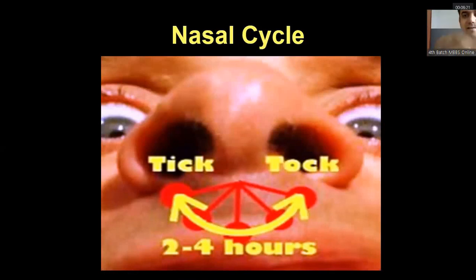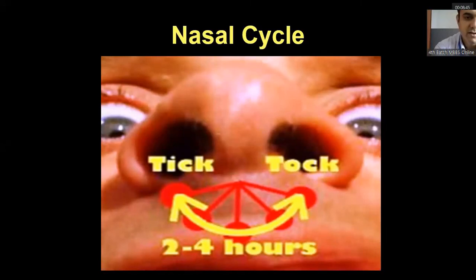Nasal cycle. This is important, you need to know about this. The nasal cycle is a normal mechanism. It means there is an intermittent congestion and decongestion of the nasal cavities, and one nasal cycle lasts for about 2 to 4 hours.